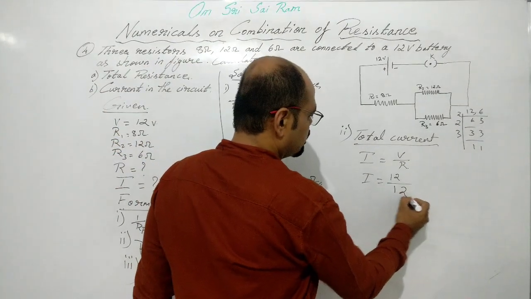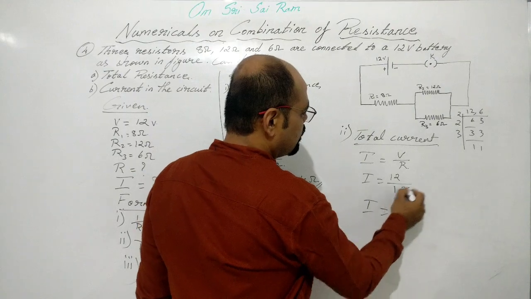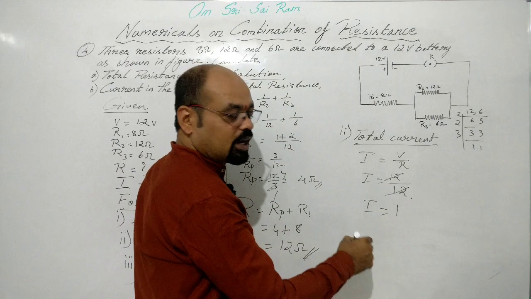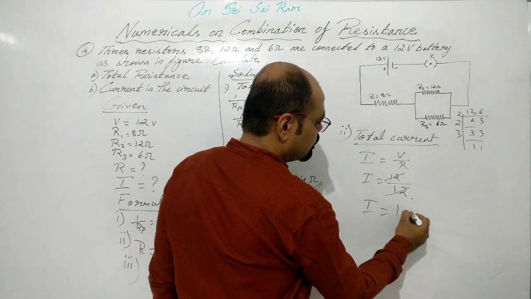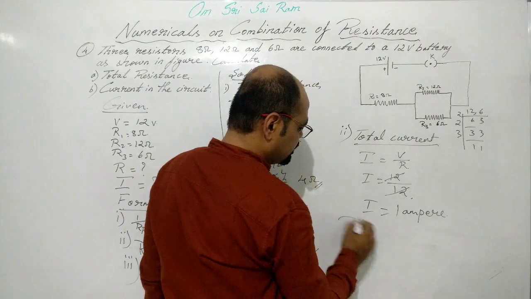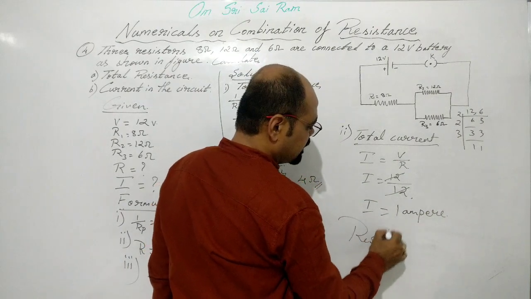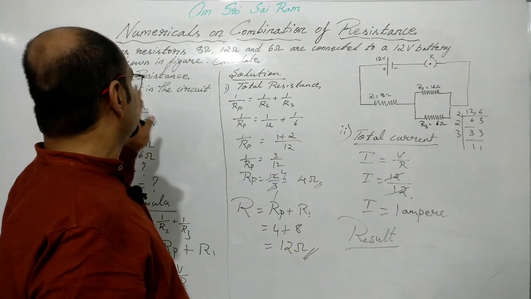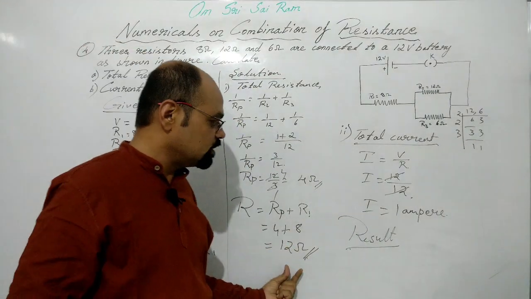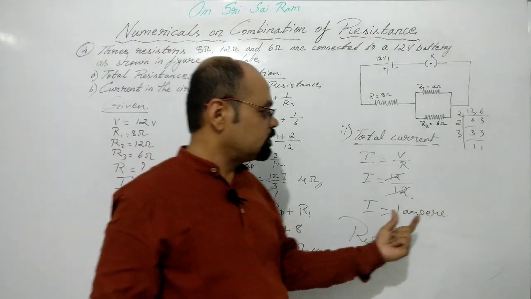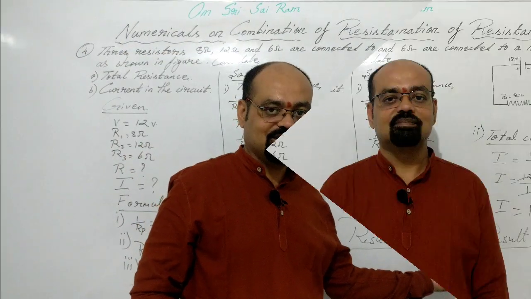We substitute here. So I is 12 by 12, so we get 1, and the SI unit of current is ampere, so we get 1 ampere. So in the result, what are you going to write, my dear students? In the result, you are going to mention that the total resistance is 12 ohms and the total current in the circuit is 1 ampere.